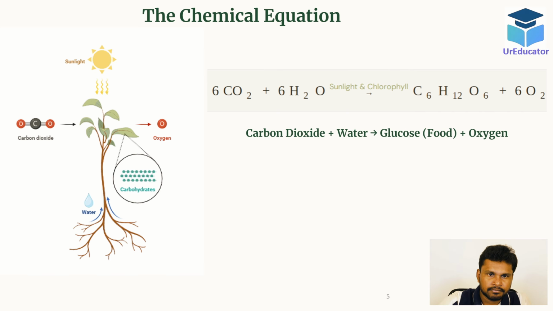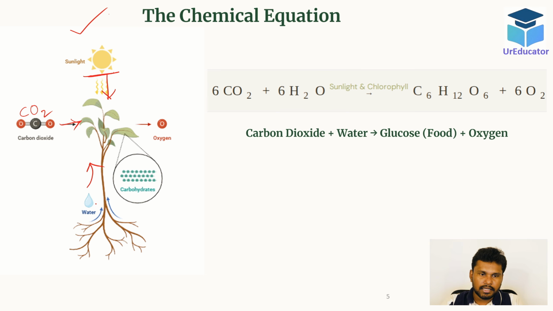Next, here comes the chemical equation for photosynthesis. In this image, you can see that sunlight will be absorbed by the plant. Next, CO2 will be taken by the plant, and water is also taken by the plant.